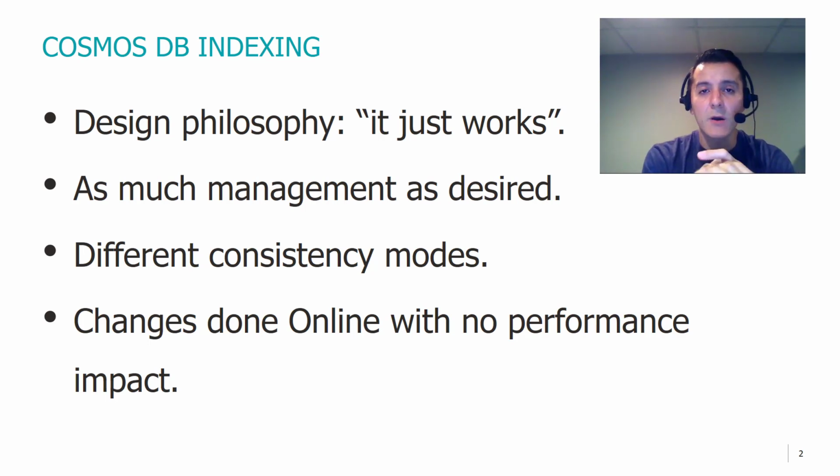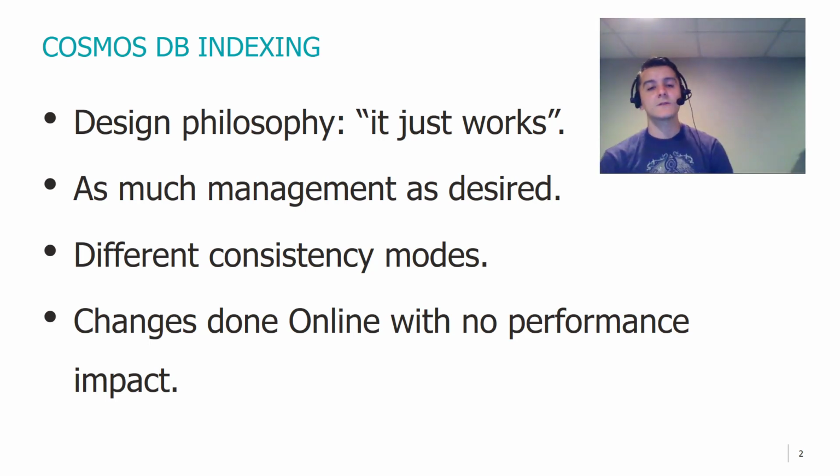Well, the nice thing about Cosmos is that if you do any indexing policy changes, they do not come out of the pool of request units for your collection. So if you have 1,000 request units that are used to query and write in your collection, and you do an indexing change, your 1,000 request units are not going to be impacted. You're still going to have those same 1,000 request units that you can consume even while the indexing policy is being changed under the covers.